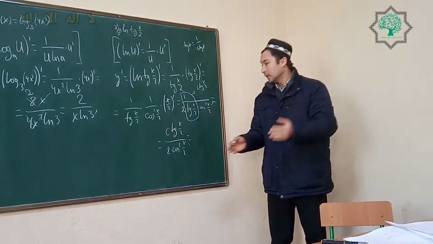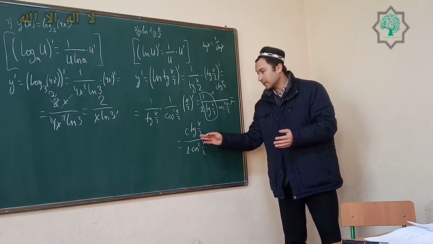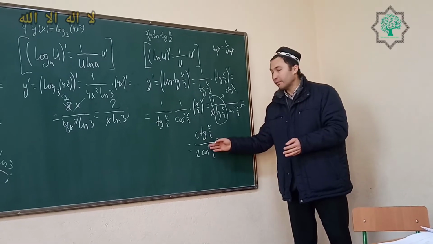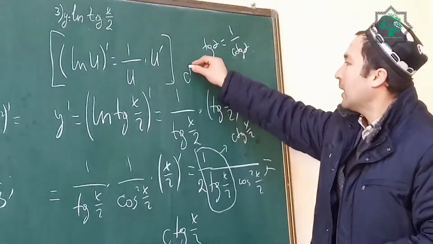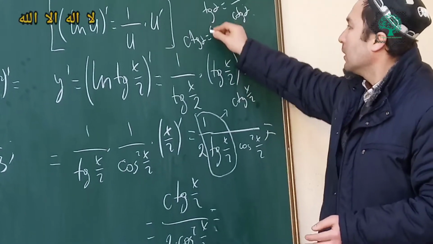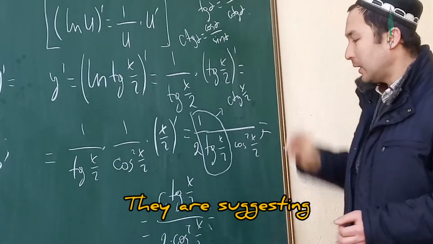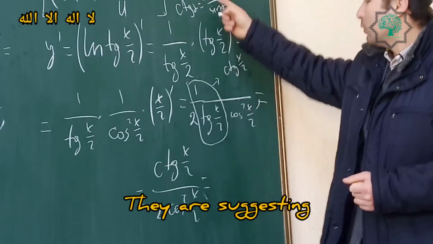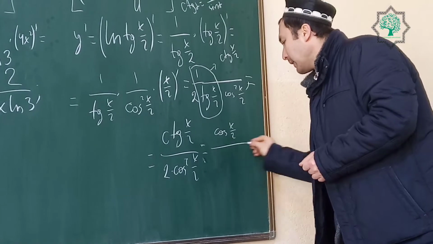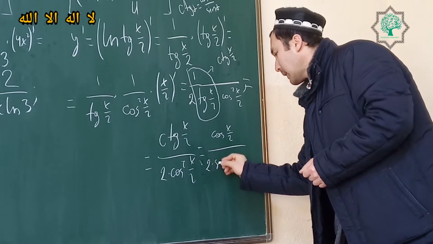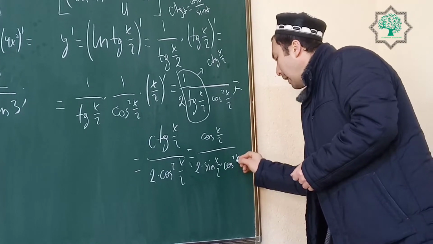Let's now simplify this problem. Simplify this sum. In order to simplify, we use the formula of cotangent. The cotangent formula is cotangent alpha is cosine alpha divided by sine alpha. Instead of this, we use cosine half x over 2 sine half x and cosine squared of half x.